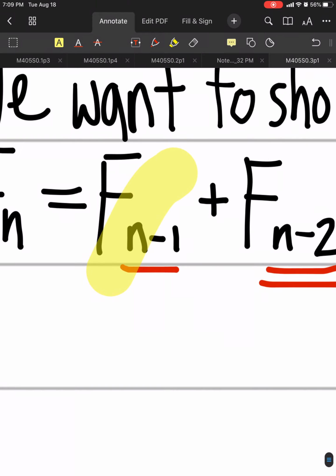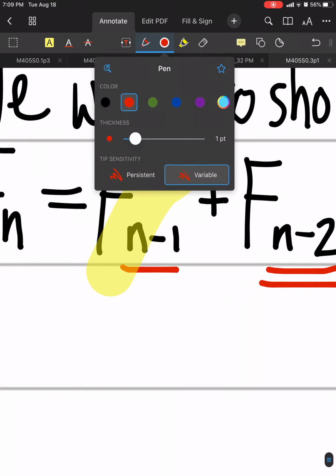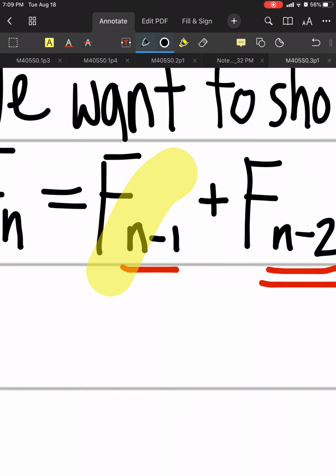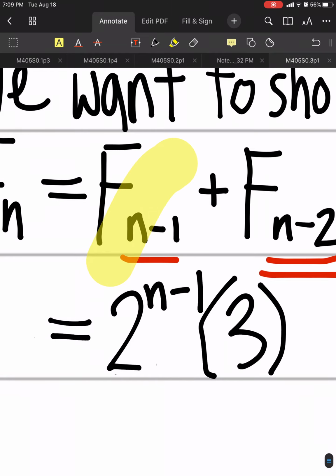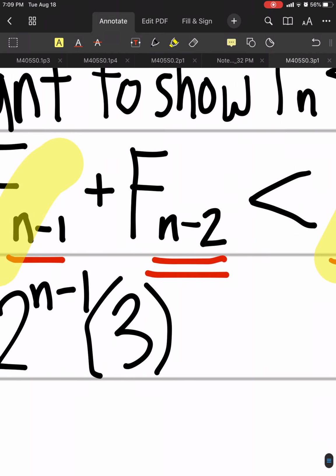Sorry about zooming again. I just want to make it legible when I'm done. This has to be less than, or sorry, equal to 2 to the n minus 1 times 3, which is the part that's actually kind of a jump.